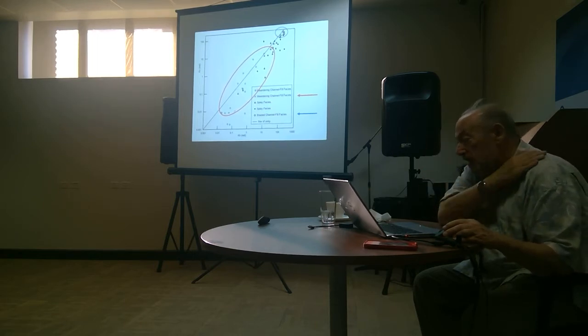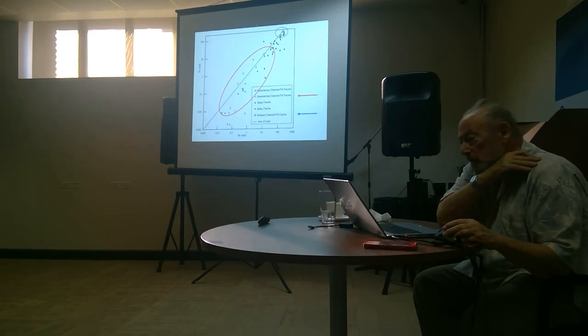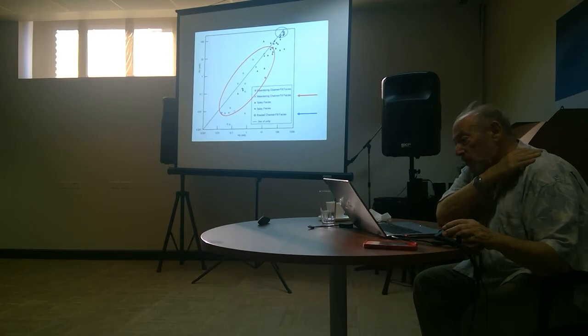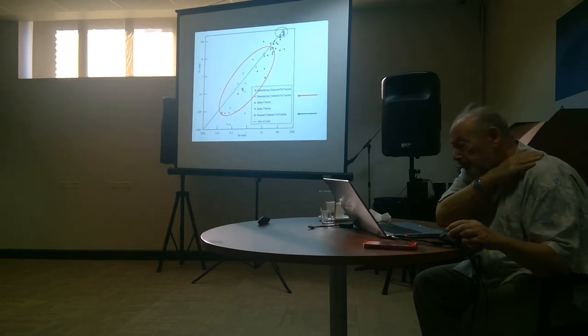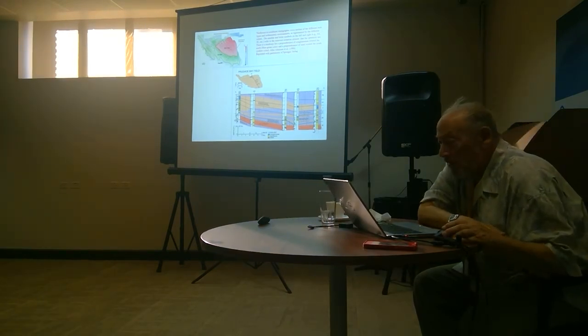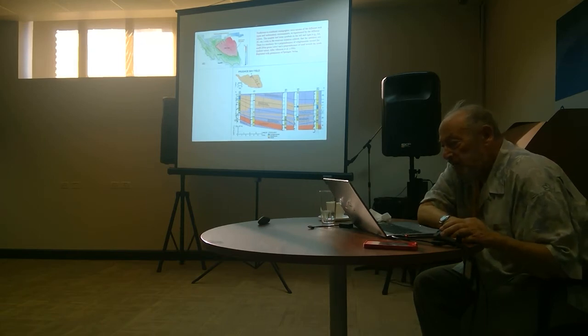Now I'll finish up today with just a description of one of the world's first-class braided river type reservoirs, and that's on the north slope of Alaska, the state of Alaska in the U.S. Here's a picture, a map view of the reservoir.